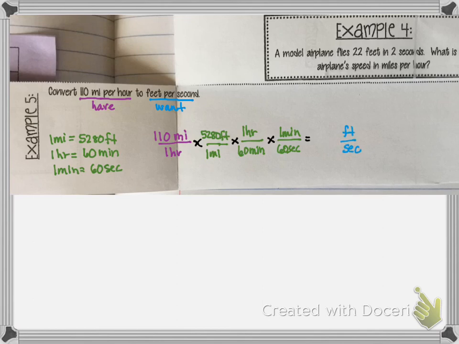Okay, now label-wise, look what happens. Miles cancels with miles, hours cancels with hours, minutes cancels with minutes. I'm left with feet, and I'm left with seconds. Okay, so I have some stuff that I can do on this one.